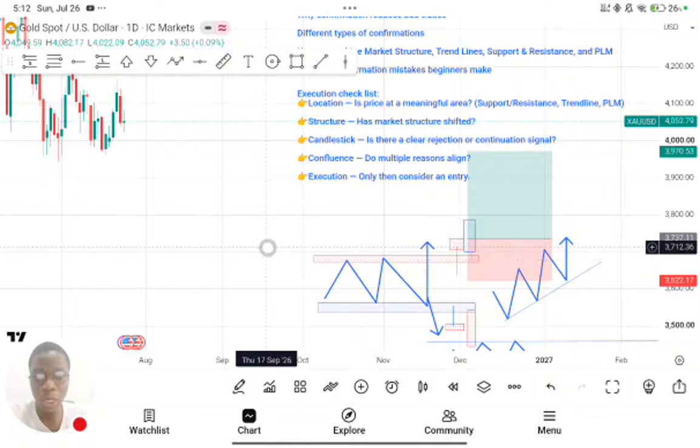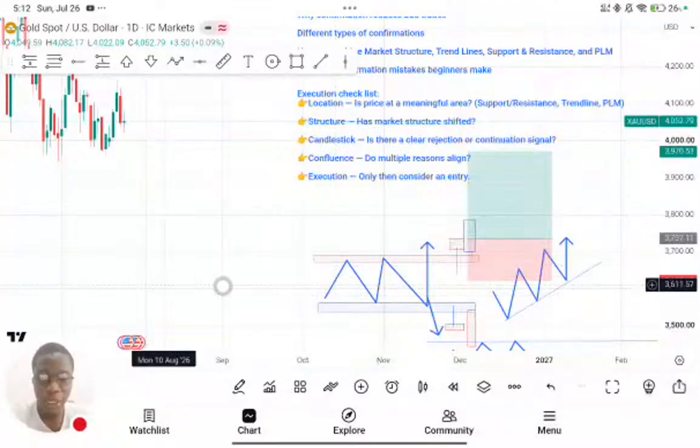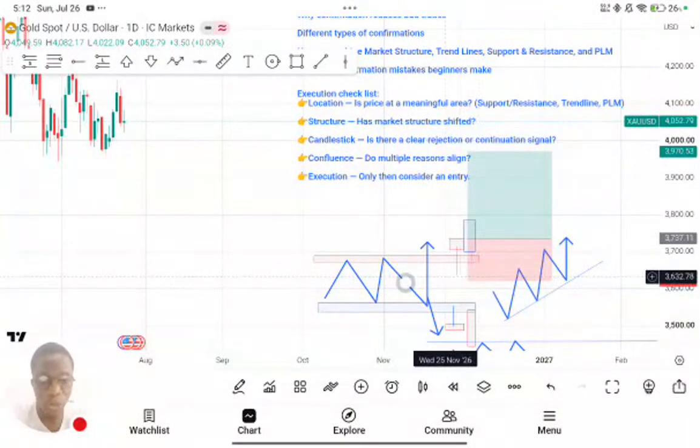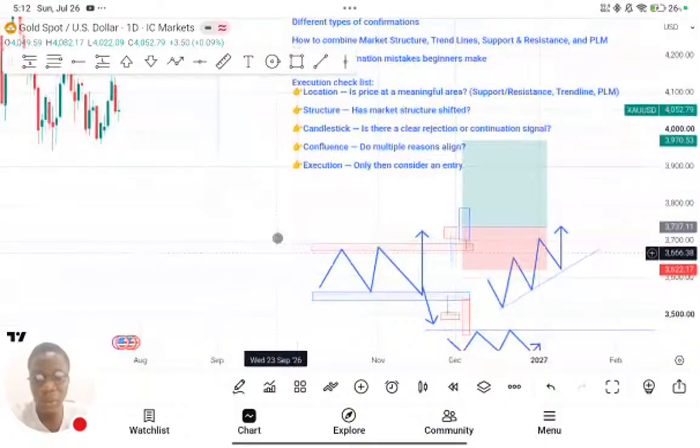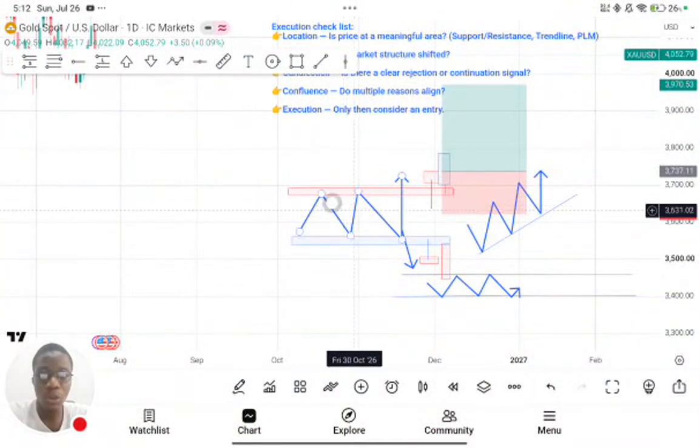Confluence means, do multiple reasons align that make you buy at that zone? It means more than one reason at that zone to buy.